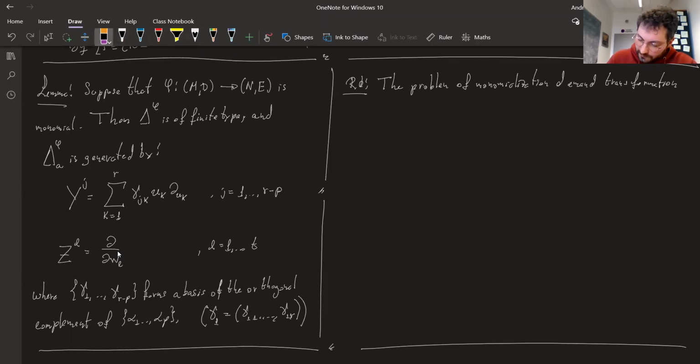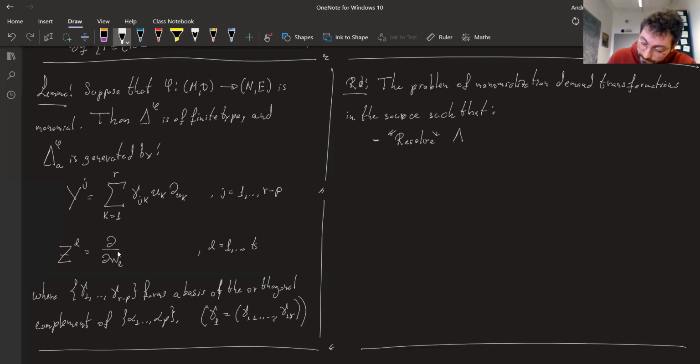Okay, so it demands, let me write this in a better way. Transformations in the source such that we want to some extent resolve the level set and at the same time obtain monomial normal forms.